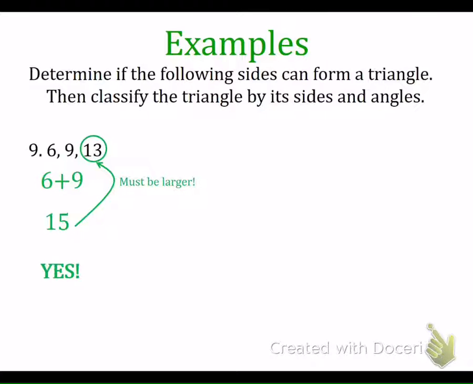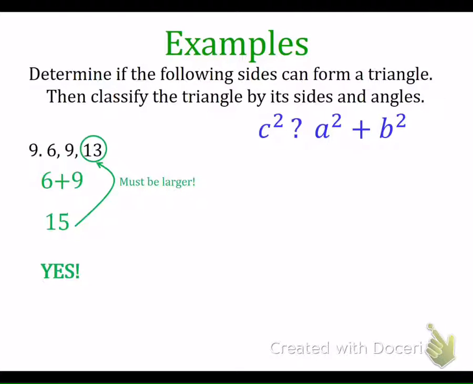So it is going to be a triangle. Now, you can classify it by its sides right away. 6, 9, 13. The options would be scalene, isosceles, equilateral. It would be scalene. Okay, so you can do that one right away.